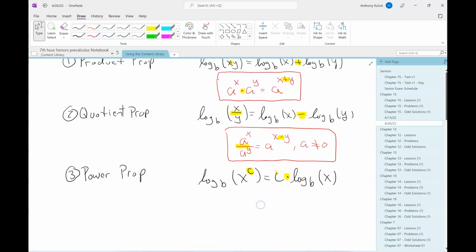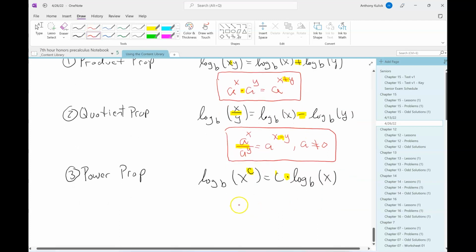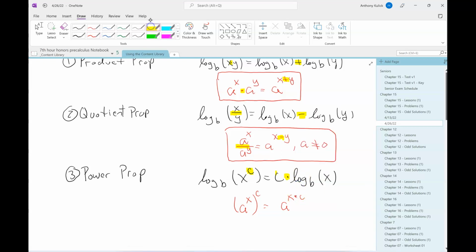This property is the logarithmic version of the exponent of an exponent property. So you're seeing the exponent outside the exponential turns into multiplication inside the exponential.